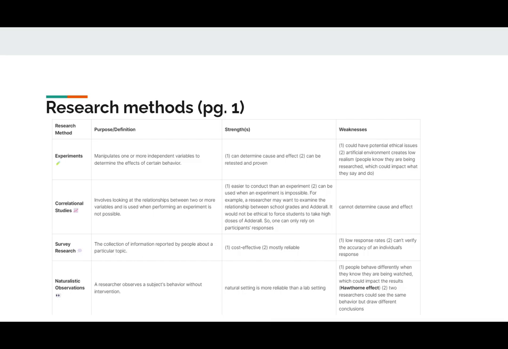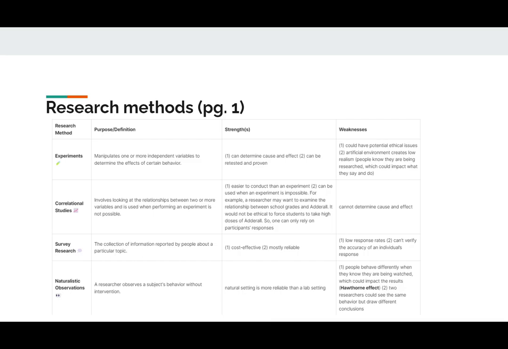And our next research method is survey research, which, as the name suggests, is the collection of information reported by people about a particular topic, and it's really cost effective and is also reliable. And also, since I'm the director of online research for a couple organizations, I know some people do surveys because it's really easy to do and really easy to collect data.